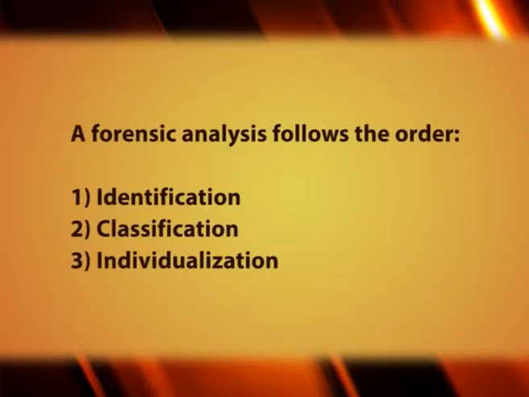So, dear student, a forensic chemist has to analyze much more than the questioned sample. A forensic analysis follows the order: identification, classification and individualization. The challenges found during each phase of analysis are different for different evidence.